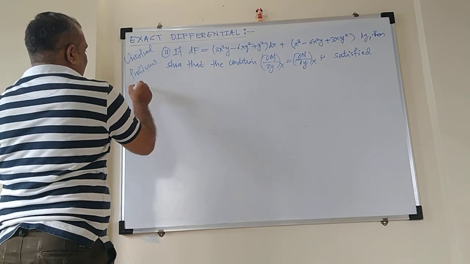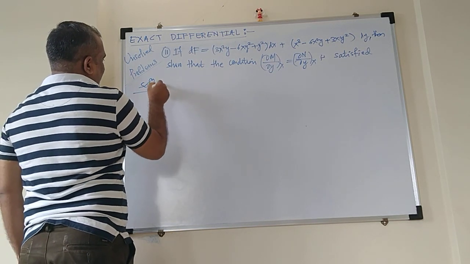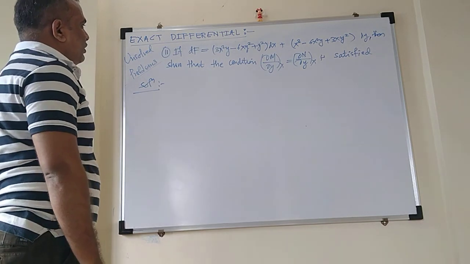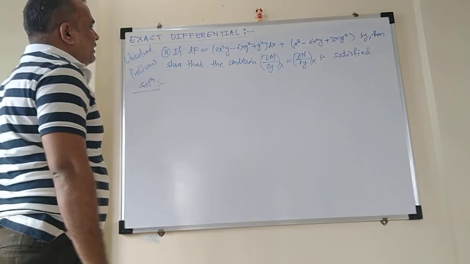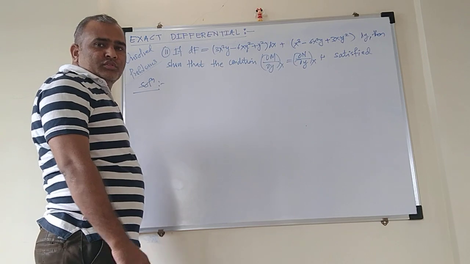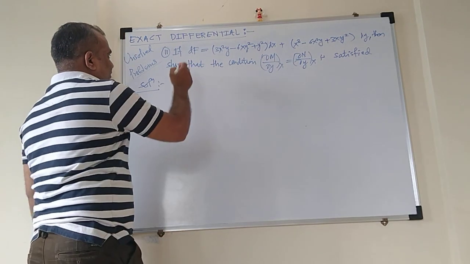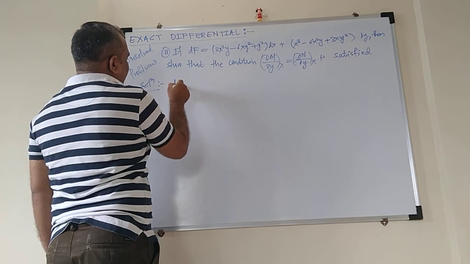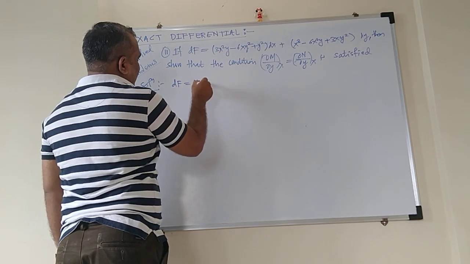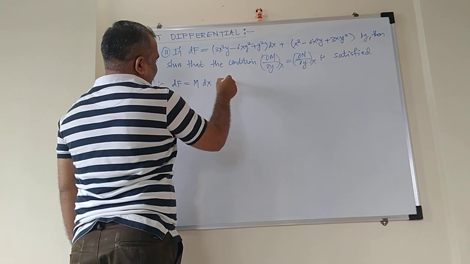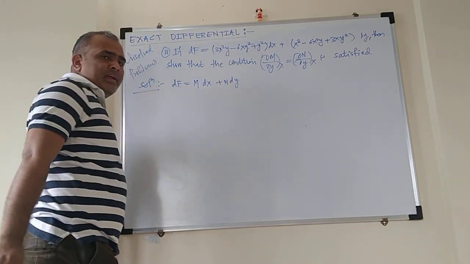Now to solve this problem, let's go for the solution. Use the procedure that we are using for earlier problems. Compare this df with df is equals to m dx plus n dy.